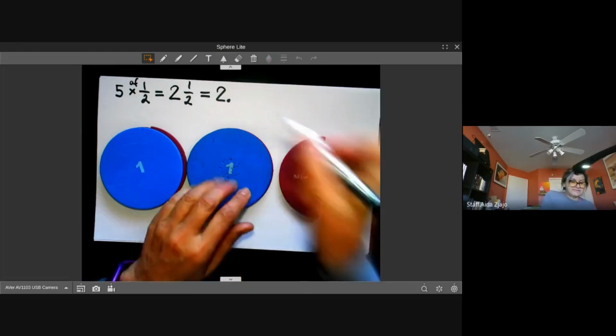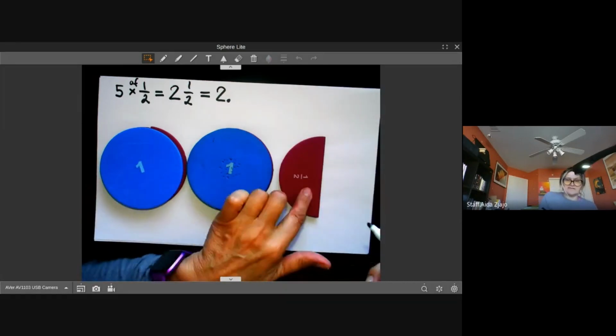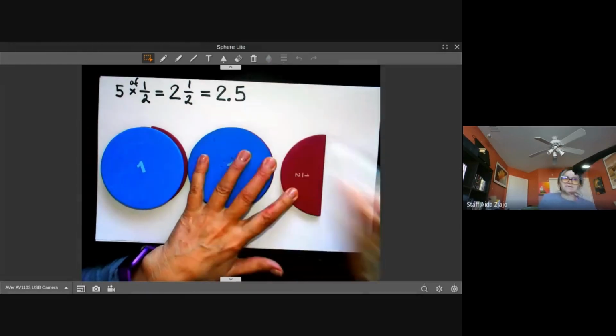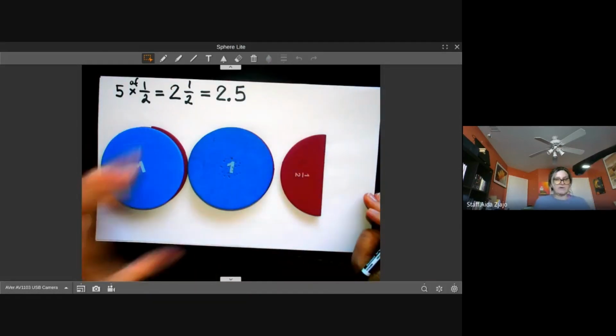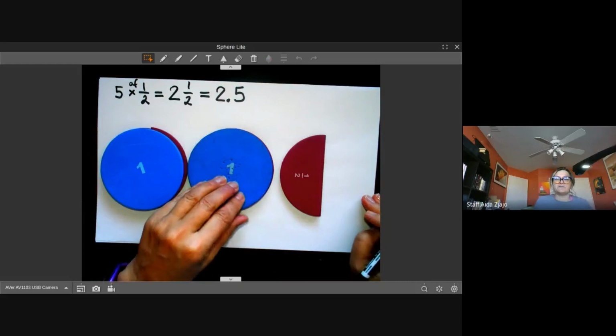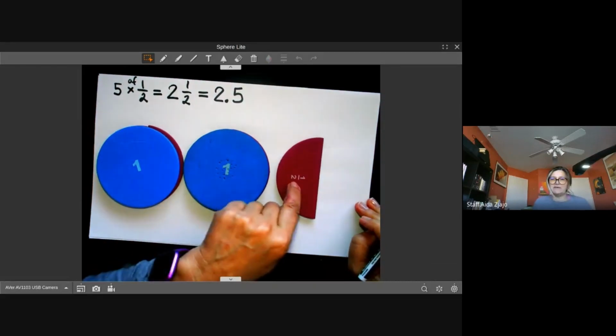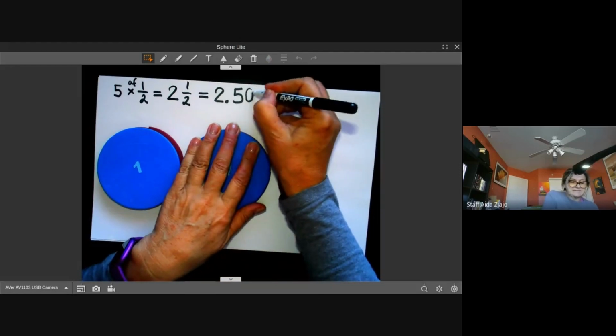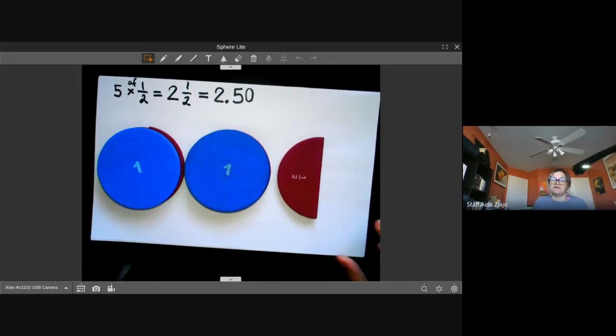So we can say 2 and 5/10 or 2.5. But if you think that 1 whole could be 100 pieces, then this would be 50. I did not change the area whatsoever.